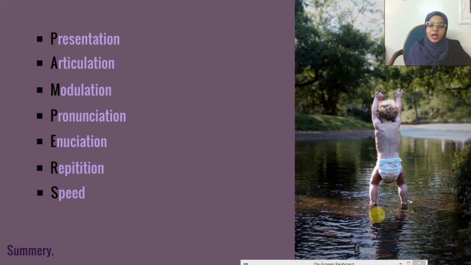And mind the speed. You should not talk too fast, and you should not talk too slowly. Too fast will not help the audience to understand, and too slowly will make them sleep in the middle of the presentation.